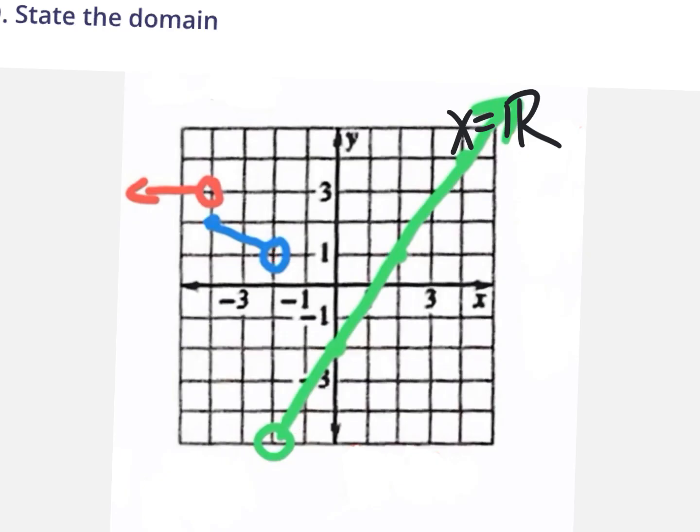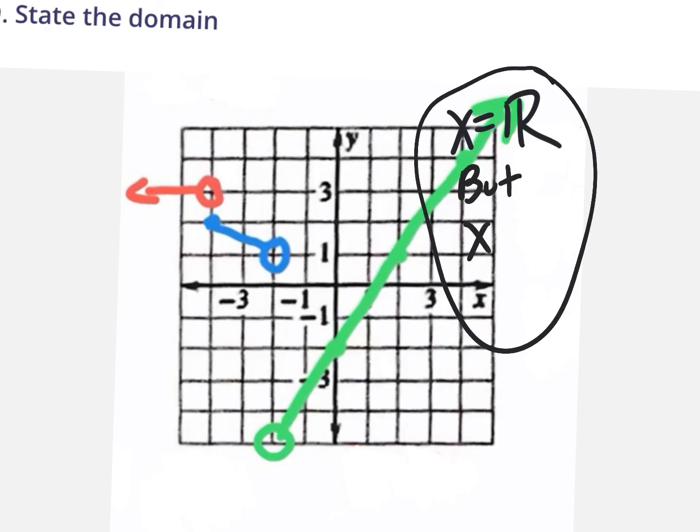So what we need to say is, this part for sure, x equals all real numbers, but x cannot equal -2. Because at the x value of -2, there is no graph. It's just a hole and a hole. There is no graph at x equals -2, so we need to state this as part of our answer. But x cannot be -2.